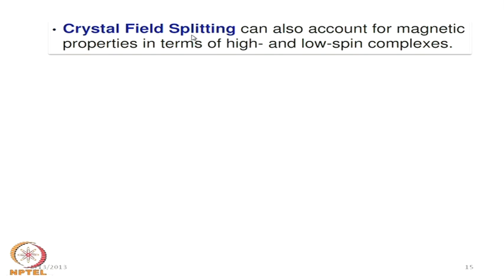This delta gives us the crystal field splitting, and it can account for magnetic properties in terms of high and low spin complexes. We can have these high spin and low spin complexes depending upon the nature of the ligand and the amount of splitting.